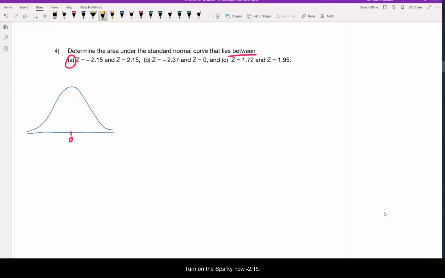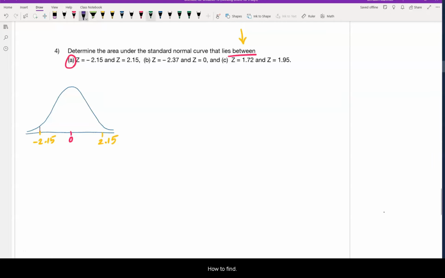And here on this part we have negative 2.15, and on the right side we have positive 2.15. Again, it doesn't matter what numbers are given. Here we have the same numbers but different sign. Here we have negative 2.37 and 0. And here we have 1.72, 1.95. So again, it doesn't matter what numbers you have. What matters is that it's asking you to find area in between.